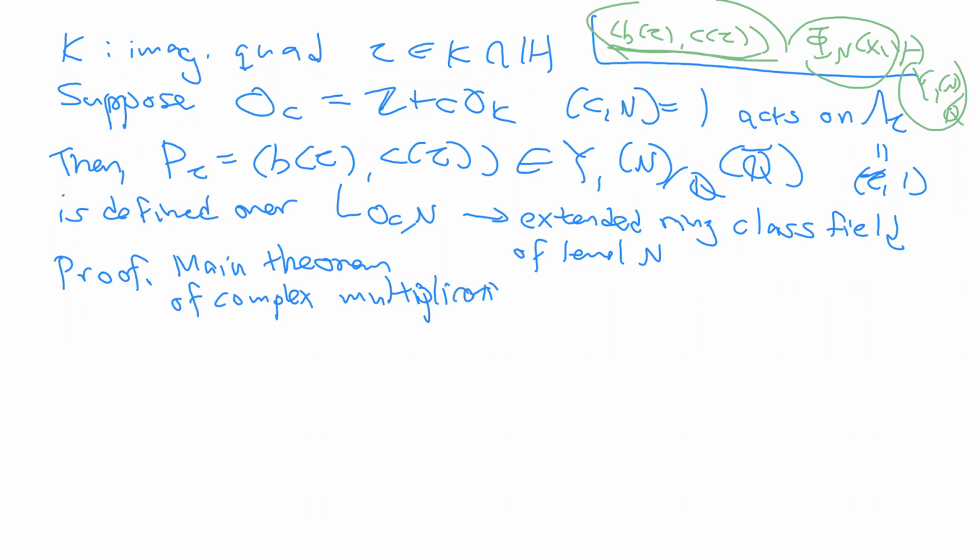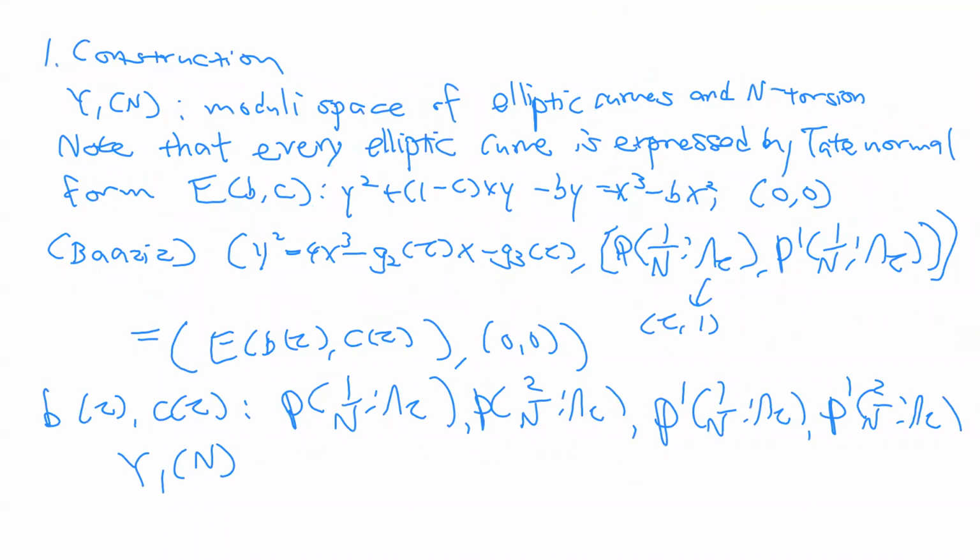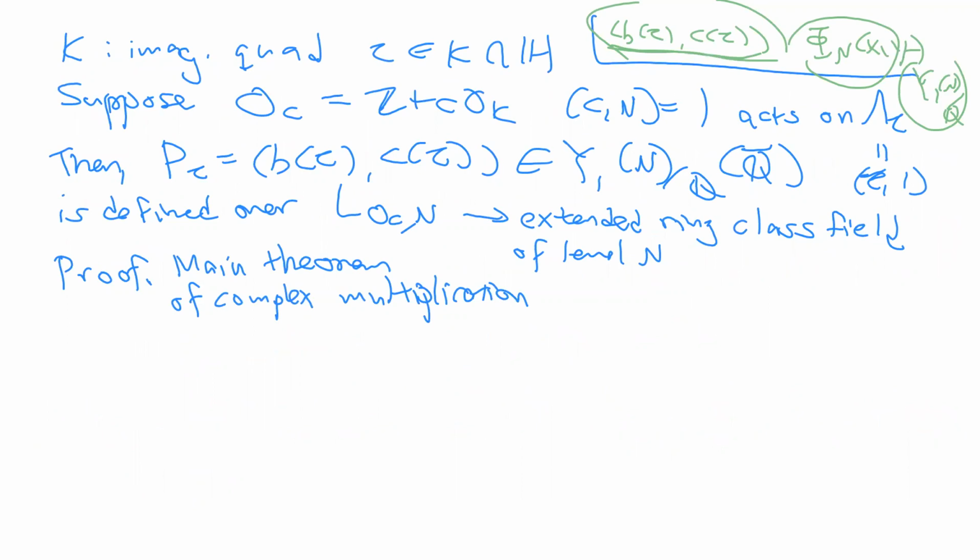And you can see why, because B of tau and C of tau are rational functions of some combinations of Weierstrass functions, and therefore it makes sense to use the theory of complex multiplication, the main theorem of complex multiplication.